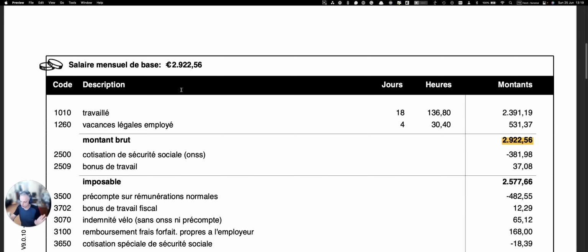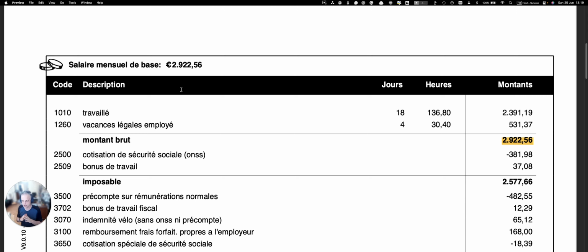This is another document that employees never see, but it doesn't mean it doesn't exist. So be careful when you are trying to figure out how much you cost based on gross salary, because it's not that obvious.